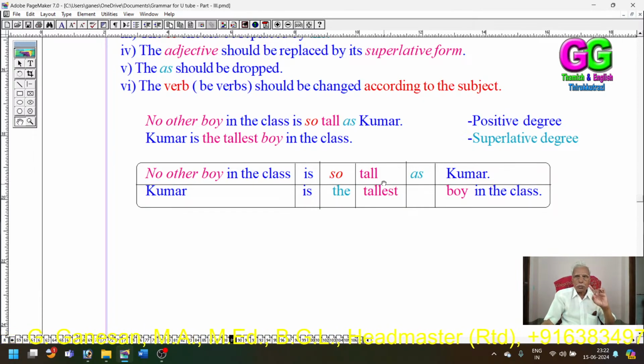Then the positive form tall has been replaced by its superlative tallest. Then the positive scale as has been dropped. Simply, in the subject, no other is removed and the other parts are made the complement. So, positive: no other boy in the class is so tall as Kumar. Superlative: Kumar is the tallest boy in the class.